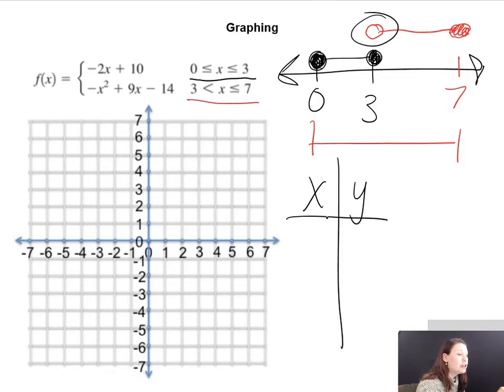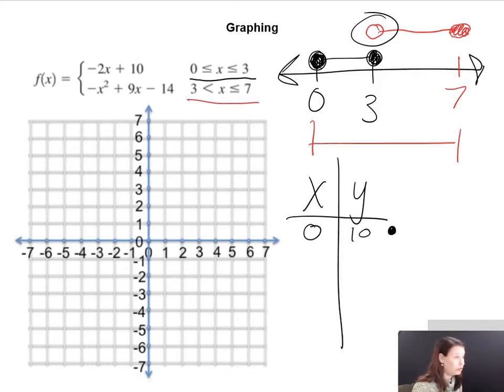So, first, let's do the top piece, right? The negative 2x plus 10. So if we plug in 0 there, well, negative 2 times 0 is 0, plus 10 is 10. So there's our first point. We can plug that in with a filled in circle. If you want to note that, then that's fine. Then let's do a point in between. So in between 0 and 3, let's do an easy one.